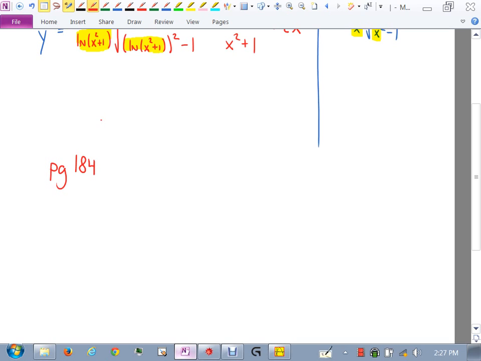Some of these are kind of ugly. 16 through 28. Those are just differentiation with chain rule and product rule, but now with these new inverse trig functions. So just practice on those.